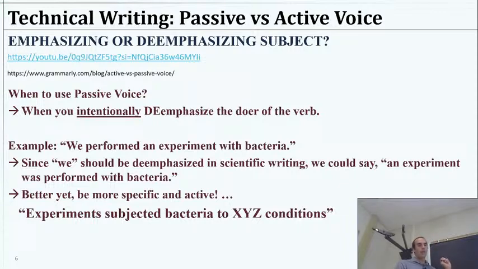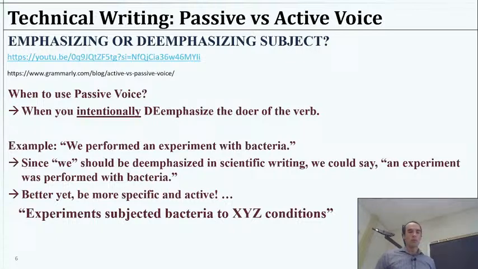So I will say for technical writing, it is a mistake to overuse it, or to use it in cases where you are causing the sentence to be more confusing than it needs to be. So I'm going to treat it kind of like a grammar mistake, according to the rubric kind of thing.